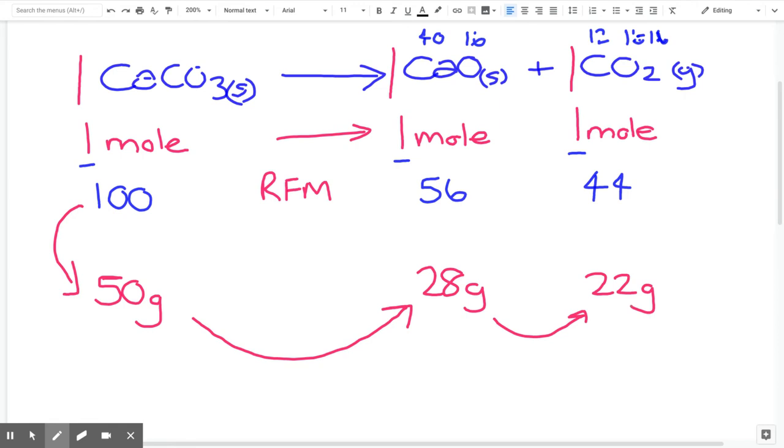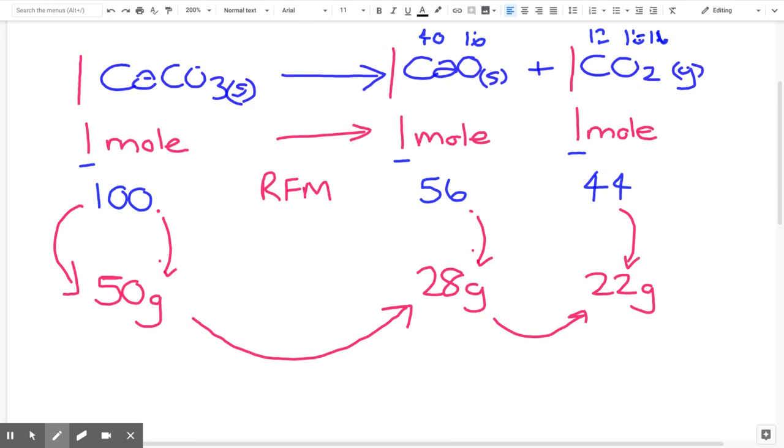Carbon dioxide is a gas, so it would have a volume as a gas, but a mass of 22 grams. And we know that because 100 to 50 is divided by 2, and what that then allows us to do is use the same ratios to generate these other masses.